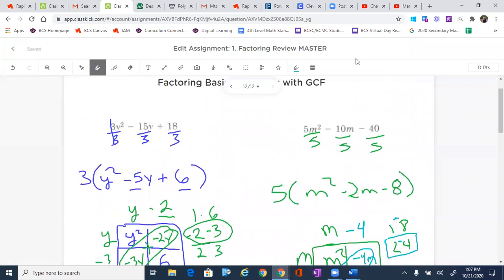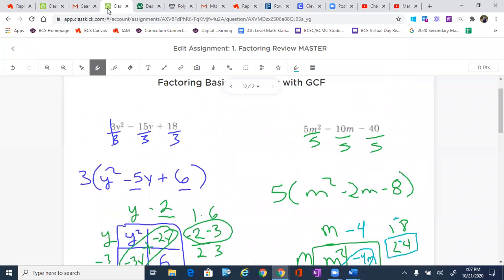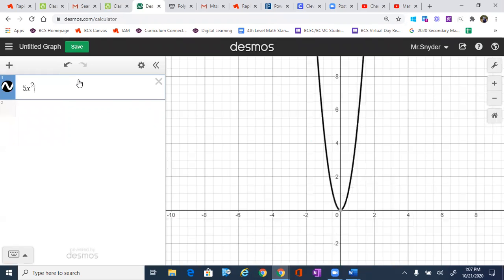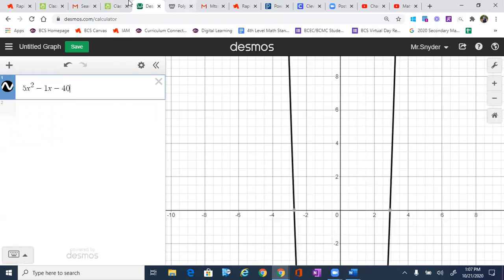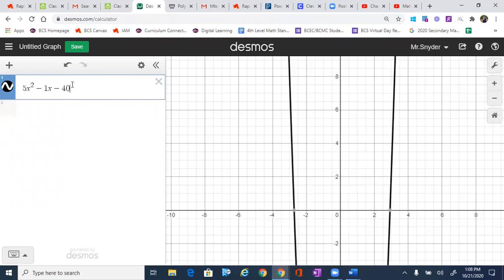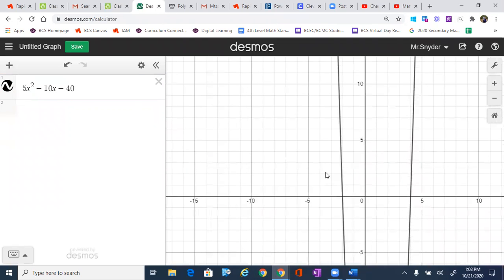Now, just as a reminder, let's go back to Desmos. Let's make our lives easy and type in the original equation, 5m squared minus 10m minus 40. So 5x squared minus 10x minus 40. Okay, let's make sure that's correct. Boom, it is. At this point, we just look for the x-intercepts.